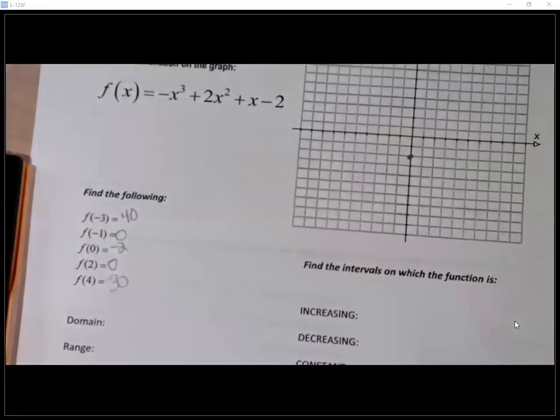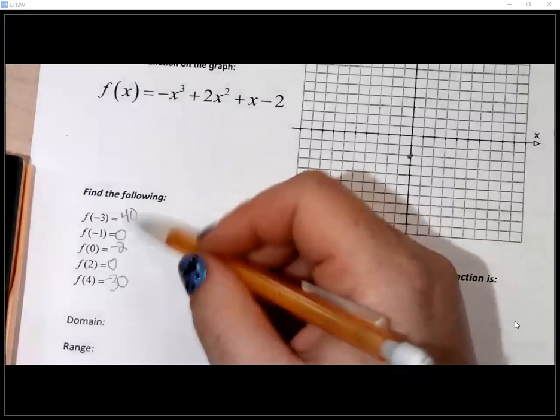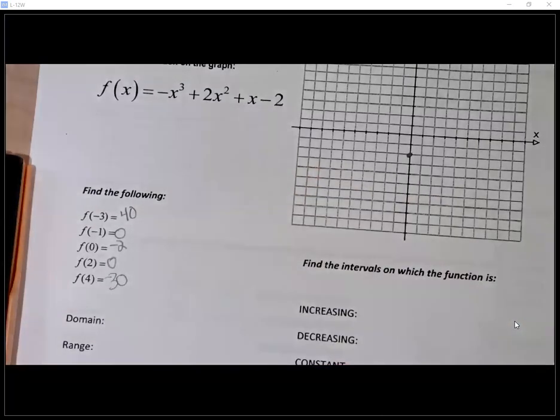What does it have to be? We got lucky. We found one of the x-intercepts. I don't even have to go find it. It gave it to me just in this. One of these is telling me I'm an x-intercept. Which one? Who of these 5 is an x-intercept?